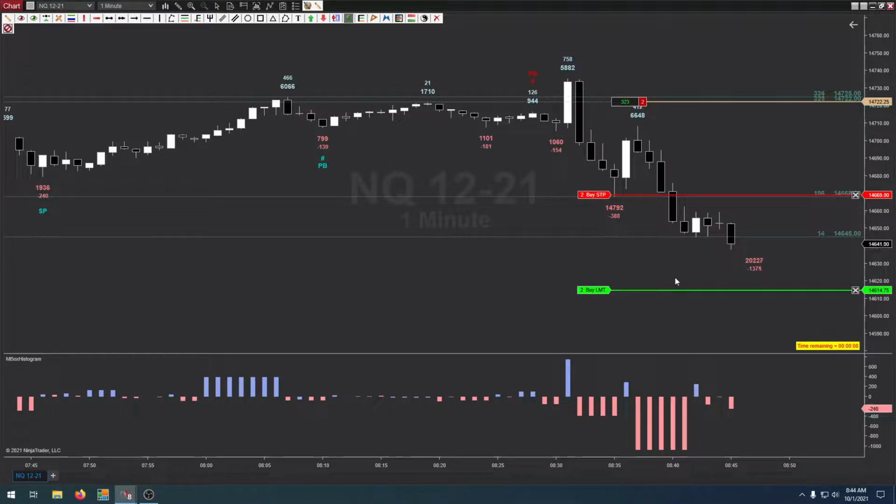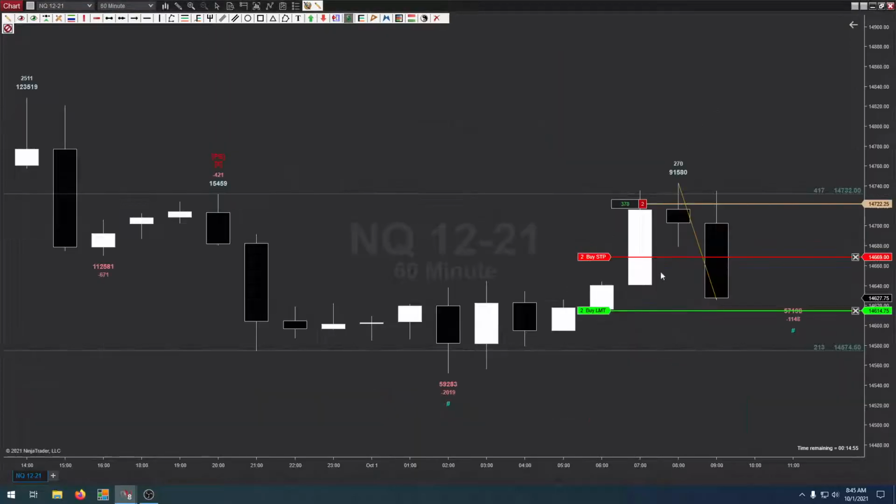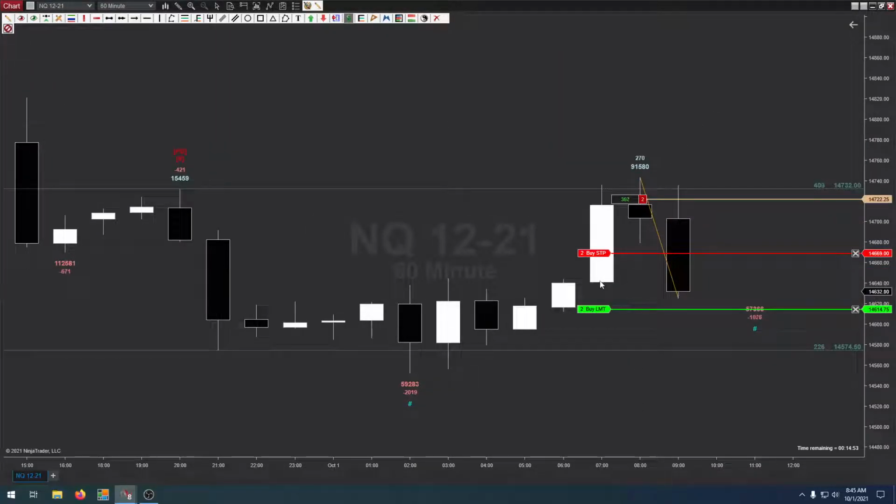Since we already reached point D, I'll bring it to there. Now the hourly is doing what we needed to do. We got the low of this candle, and my target's actually at the low of this candle. So technically it probably should have been at the low of this candle, but I used a smaller time frame for that, even though I did enter off of this one mainly.